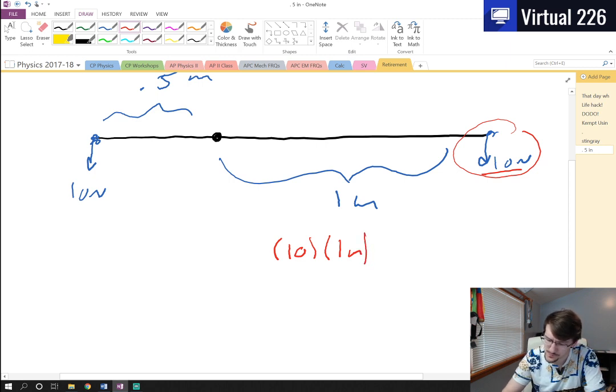Okay. And then the other bar is being raised, so we're going to subtract its amount, so that's going to be 10 times 0.5.